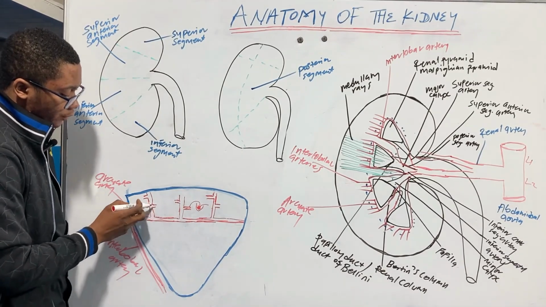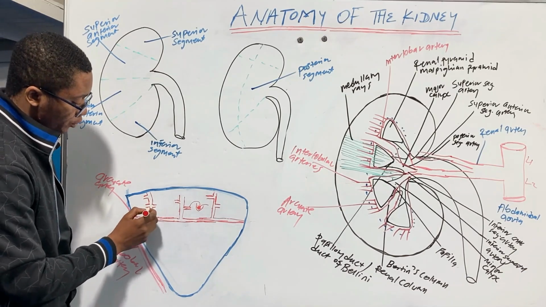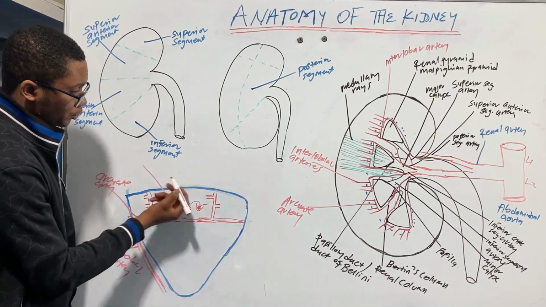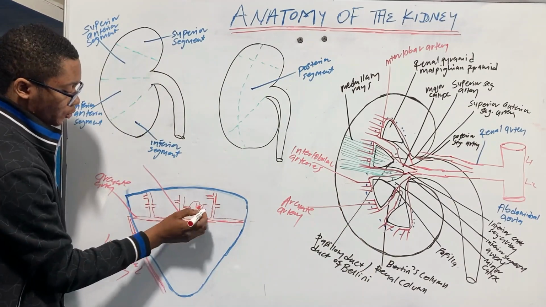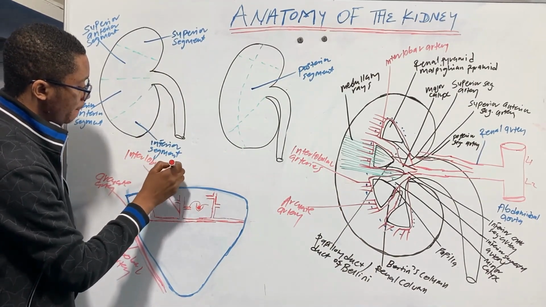The arcuate artery gives off the interlobular arteries. That is this artery here, the interlobular artery coming off from the arcuate artery.